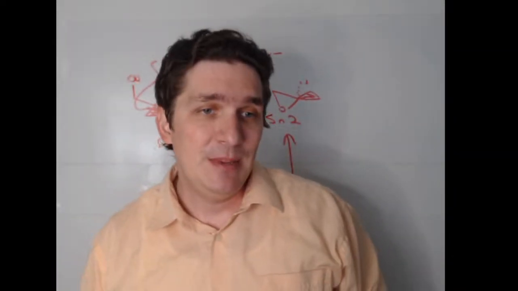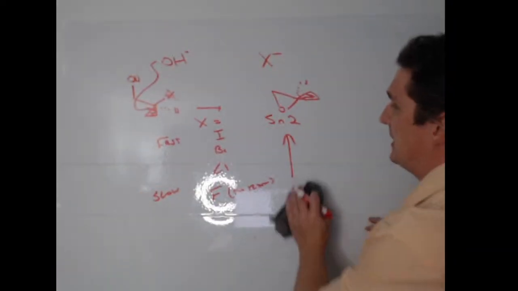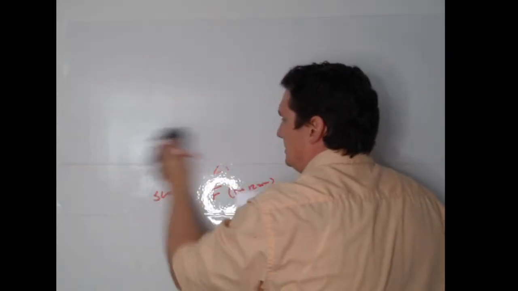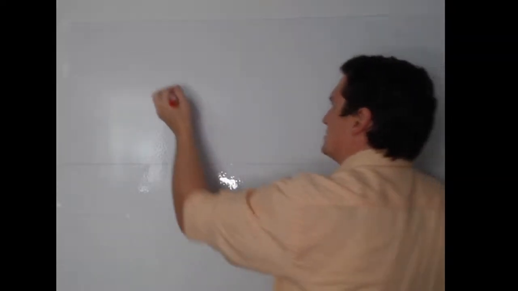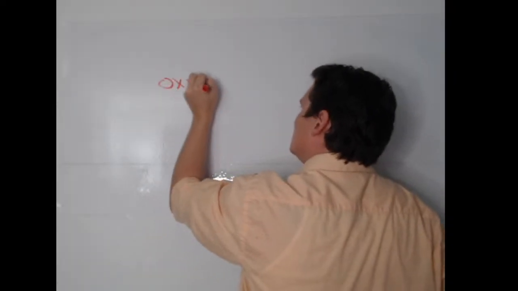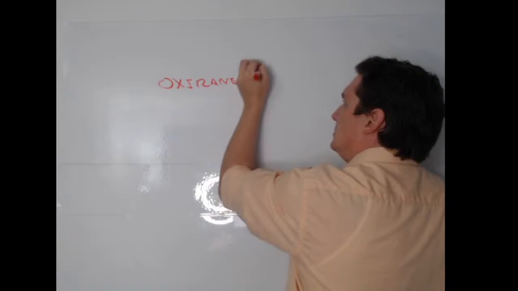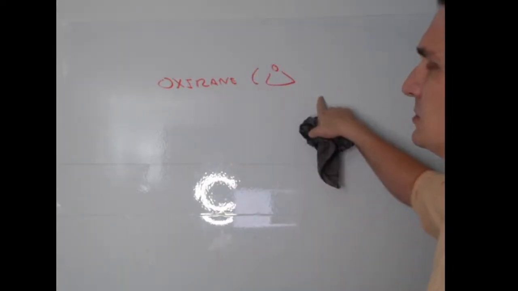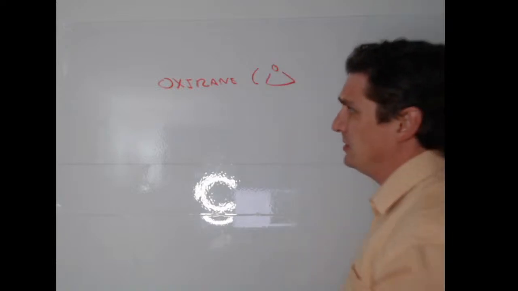So as far as naming epoxides, that's kind of outside the scope of my class at least. I think the ring is called oxirane, which is this molecule here, and then you would name it based on the functional groups, and you'd have to add the R and the S's.